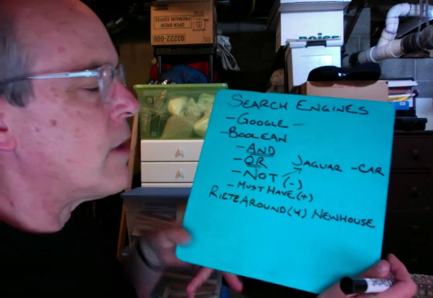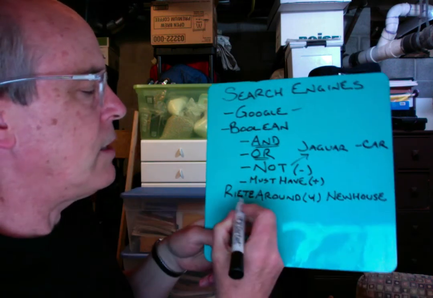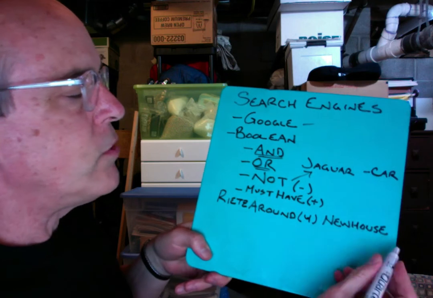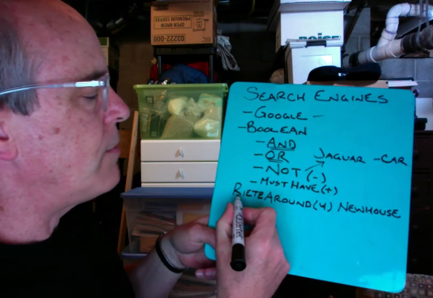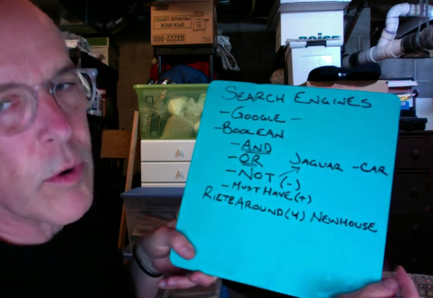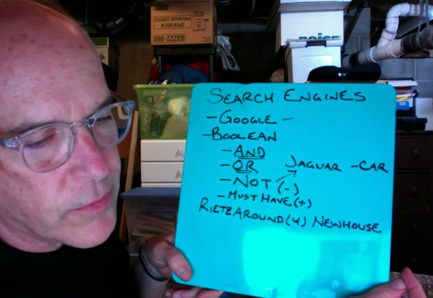My grandmother's maiden name was Newhouse, and so if I did a search Reitz around parentheses for Newhouse, it would find websites in which these two names were within 4 words of each other. Right? There's all kinds of tricks like this.